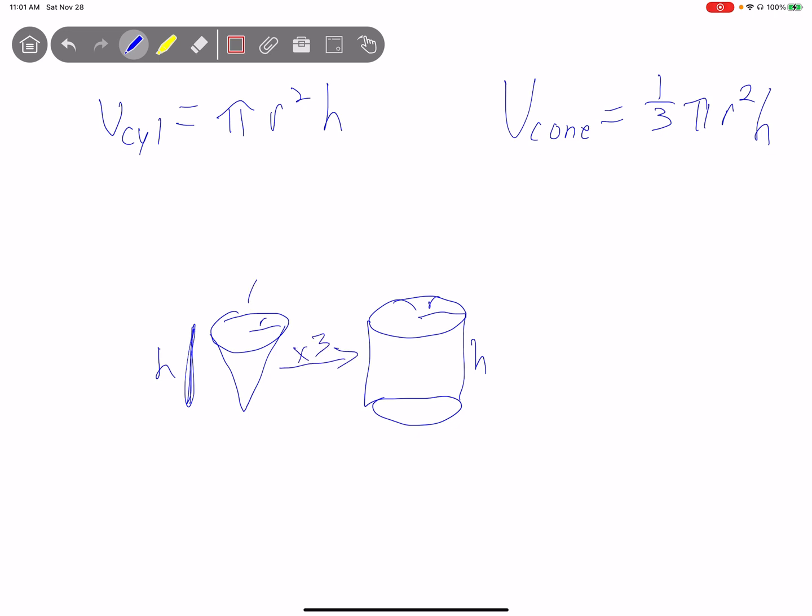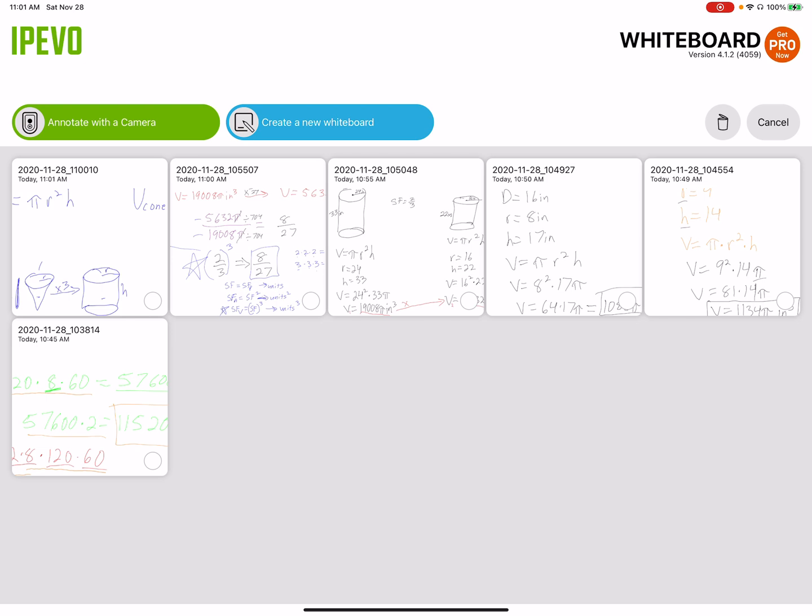If I filled this up with water and poured it into this cylinder, I would have to take 3 of these cones worth of water to fill this up completely. Try it. I don't know where you're going to find all that, but good luck.